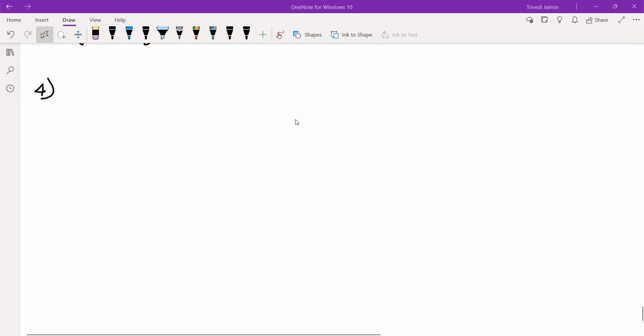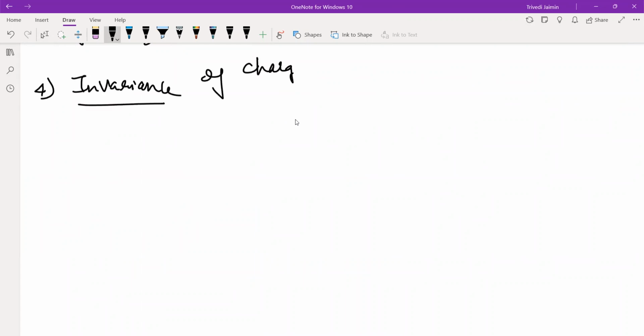Next is invariance of charge. Now, I'll go with some simple terms. Invariance is like mass. You know about mass, right?